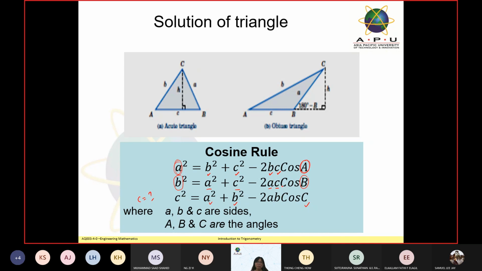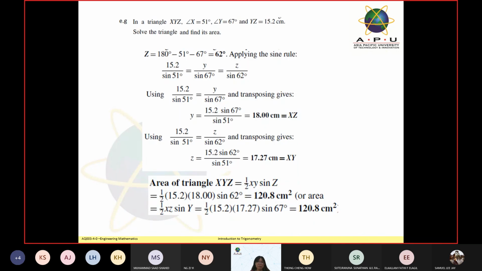You must understand the formulas quite clearly so that when you are given a triangle with some information that you know about it, you know which formula you can use to find the answer. Sometimes there are multiple ways to get the answer: sometimes you can use either the sine rule or the cosine rule, and sometimes you can only use the cosine rule, but not the sine rule. So let's move on to some examples.